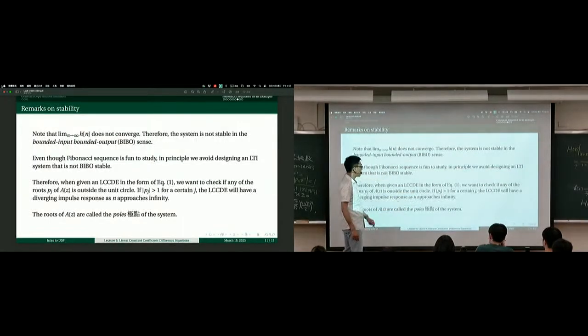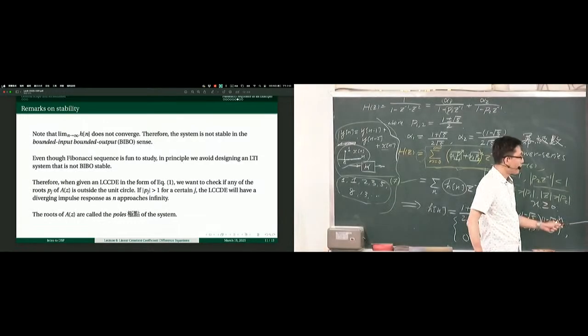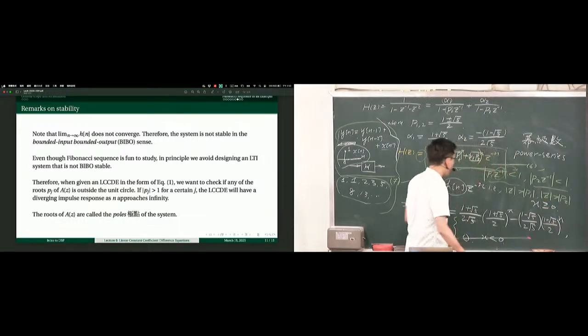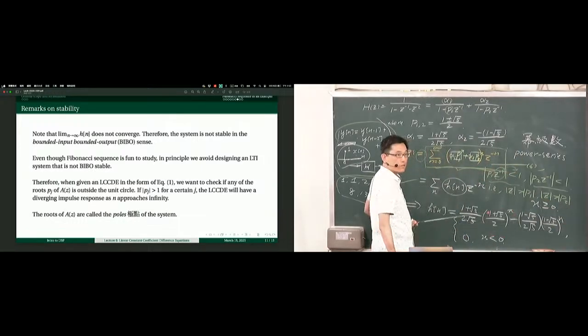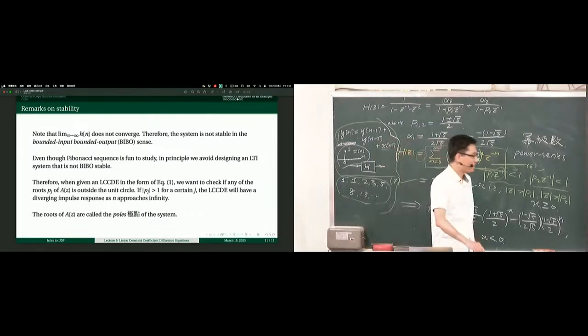If any one of them is outside, then this difference equation has a diverging impulse response as n approaches infinity. The impulse response will have a term like that, which diverges if any of the roots is outside. Then you should ask them to start over.